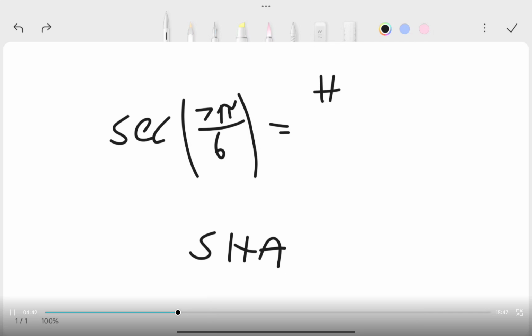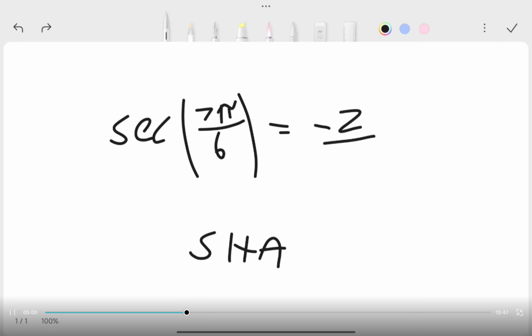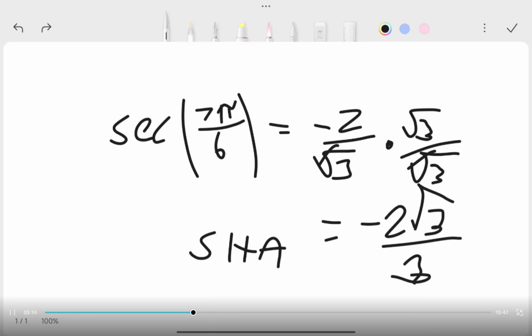The hypotenuse over adjacent, and our hypotenuse is 1 and adjacent is negative square root of 3 over 2. So it's basically negative 2 over square root of 3, and let's multiply both by square root of 3 to cancel out the square root. So the answer is negative 2 square root of 3 over 3.